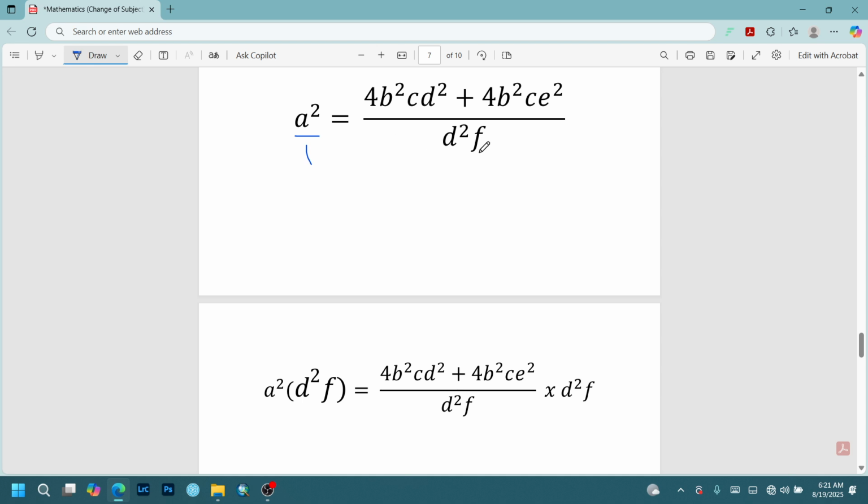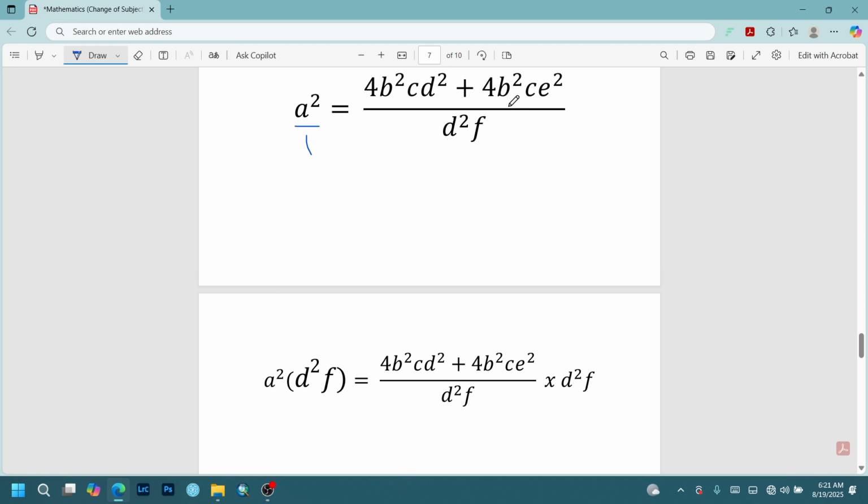You multiply the denominator on your right hand side with the numerator on your left hand side, and the denominator on your left hand side with the numerator on your right hand side.